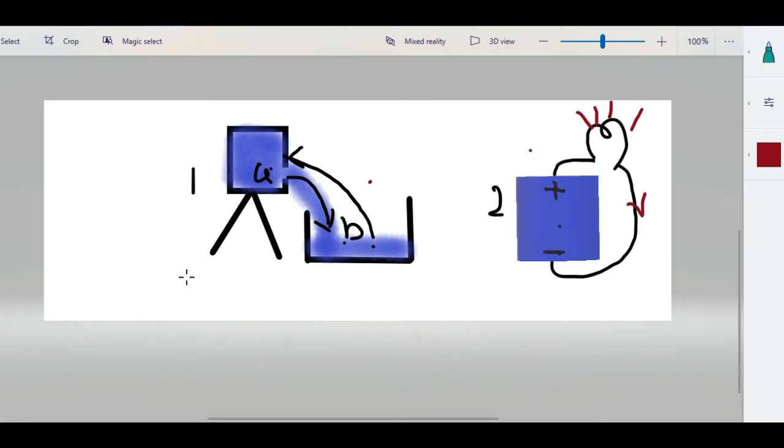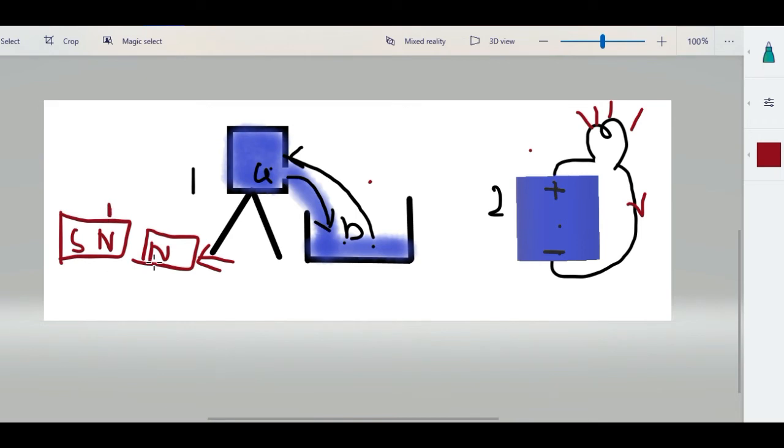Suppose we have one magnet, with a north pole and a south pole. If you bring another magnet closer to this pole, you have to apply force. Remember, in class 9th you studied that force into displacement is known as work. So you have to apply force to bring the magnet closer to the first magnet. That is where you do the work.